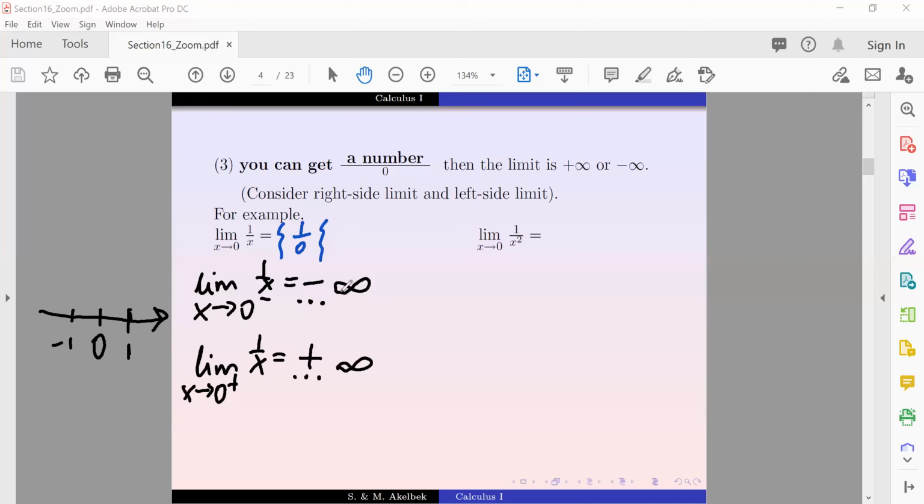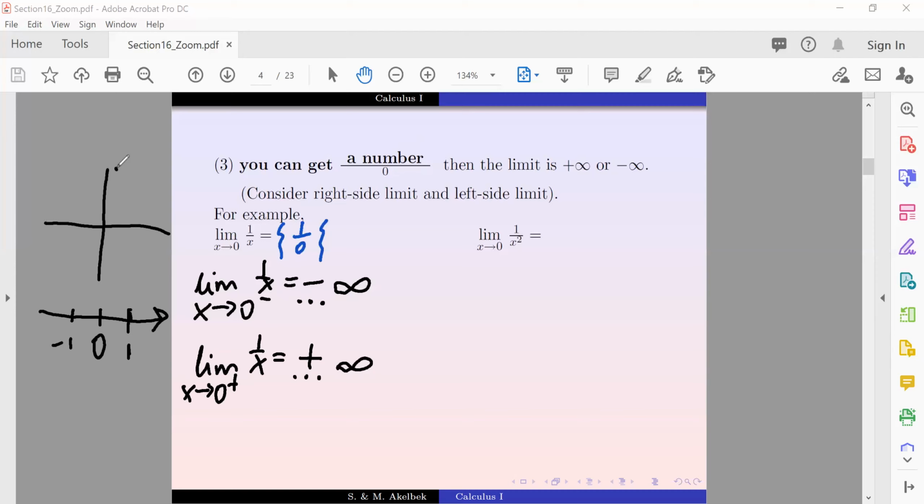So two things are going on right here. One is the piece of knowledge that if you get a number over 0, the limit is always infinity. You only need to determine whether it's positive or negative infinity. To determine that, you choose numbers from the left or right. And this should also match the graph. We know the graph of 1 over x.